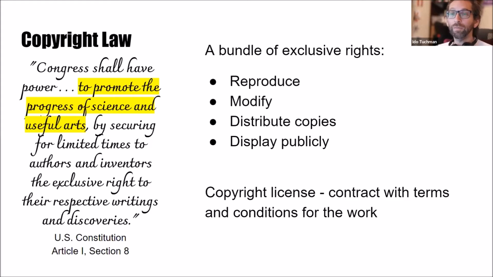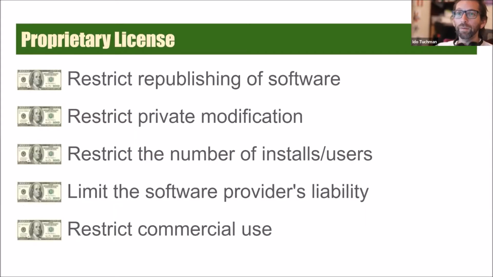So if you're the owner of a copyright, you give somebody a license to that copyright, they can go do things with that work under certain conditions. And we're all familiar with the proprietary license. This is really a way to clamp down on access to the source code and restrict how people use it.